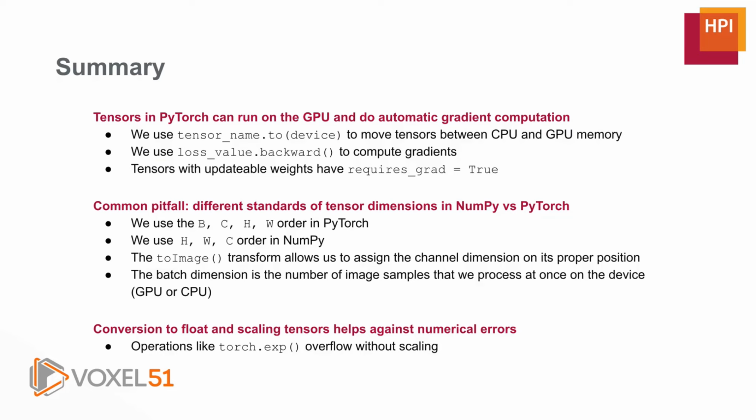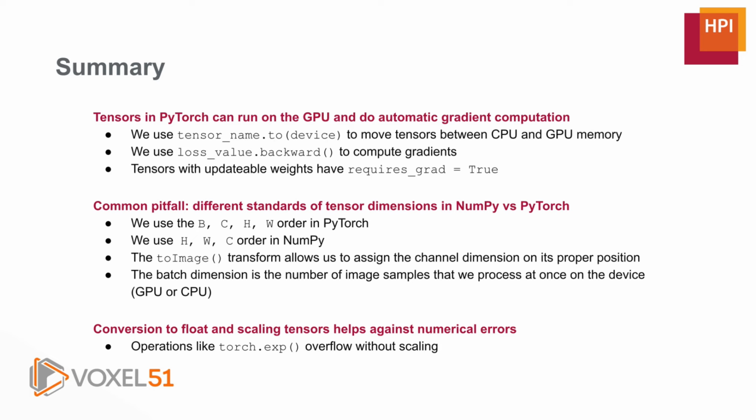The numerical stability issue is also quite important. We want to scale pixel values in the range that is originally from 0 to 255 to 0 to 1. And we also want to convert the unsigned integer 8 that is the default for the data that we ingest as a PNG or a JPEG image into float32.